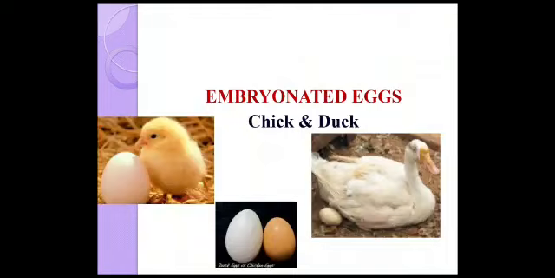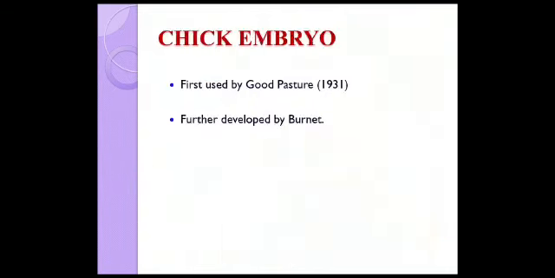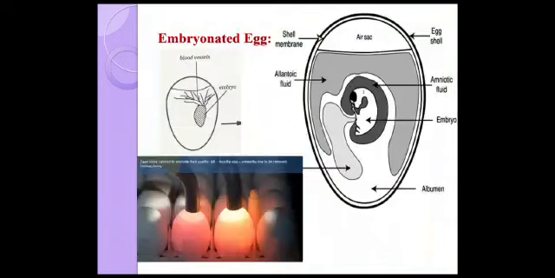Coming to the embryonated egg, you can use either a chick or a duck embryonated egg. It was first used by Goodpasture and further developed by Burnet. This picture shows the various parts of the embryonated egg. To identify these and to find out if there is any defect in the egg, we use a technique called candling of the egg, which you can see in the picture lower on the slide.